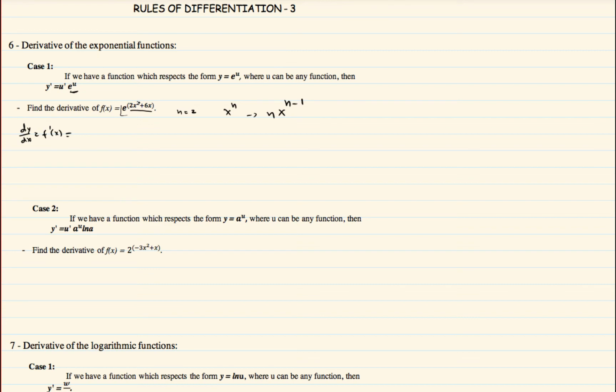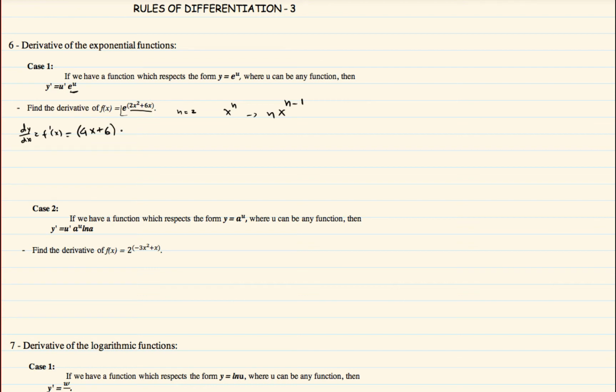In our case, n is 2 in this expression. So to find the derivative of this, we just put that n down, which is 2. We have 2 into 2, which is 4x, and then we have x raised to 2 minus 1, so it becomes 1. So as a conclusion, what we have is 4x plus the derivative of 6x, which is 6.